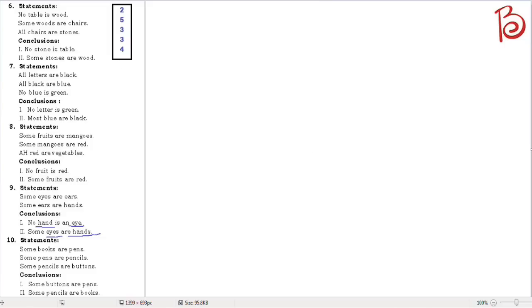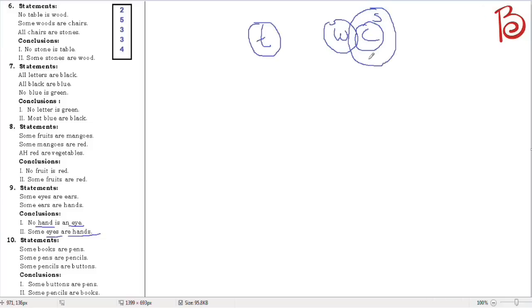Okay, let's see the first diagram. No table is a wood, table is here and wood is here. Okay, some wood a chair, all chairs are stones, right? Okay, this is the diagram which I have drawn.